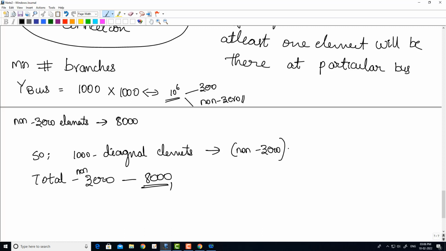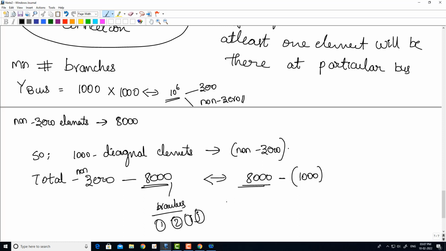So it will have branches, a connection between the ith node and the jth node, or 1 and 2, whatever you consider. The number of branches will be: 8,000 is the total number of non-zero elements, minus, for sure, 1000 non-zero diagonal elements.